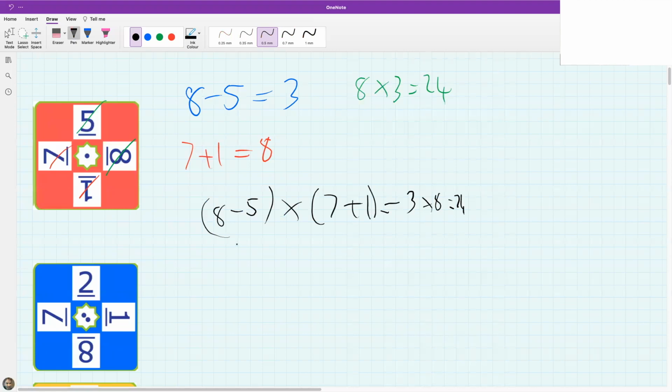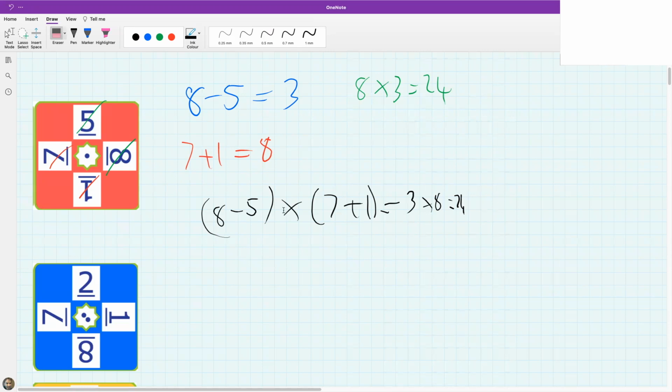Oh, here's another one. 7 times 5 is 35, and then 35 minus 8 is 27, plus 1. 7 minus 5 is 2, times 2 plus 4. There's definitely one way of doing it, and there might be some others.